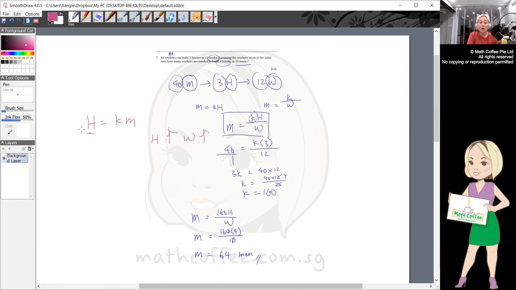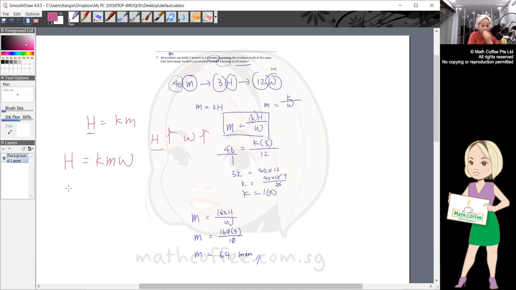So I will have H equals KMW, side by side, because the house and the men are direct, and the house and the weeks are also direct. So how am I going to do this? When I have the same number of men, same houses, and yes, correct.